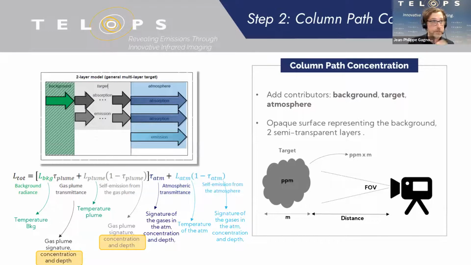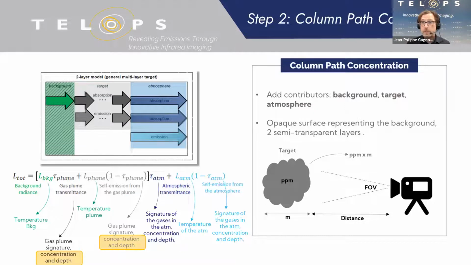That's why I have here on my little chart the gas plume in gray. We will extract the concentration of that plume in terms of ppm times meters. If we knew the depth of the plume, we could divide by the depth and get the concentration in terms of ppm. But we don't know that. There's no way the camera can tell how deep the plume is.